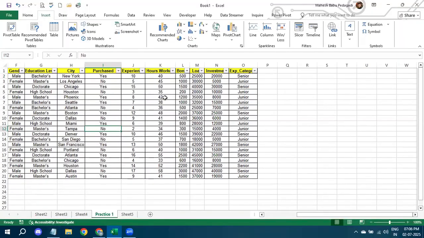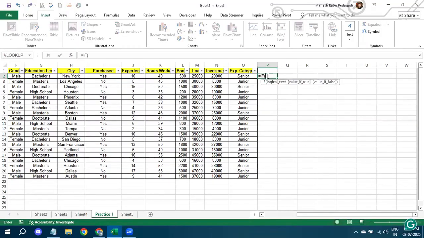So what I did is I used an IF condition. If the score is greater than or equal to 50, the condition is true. For true we keep 1, and for fail we keep 0. When we enter the formula, it returns 1 or 0.